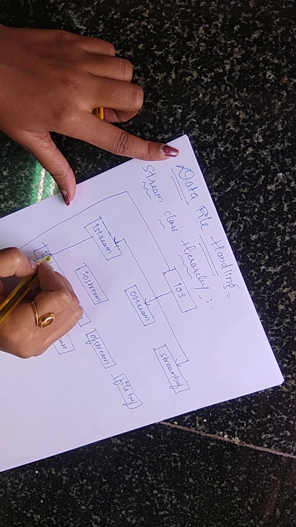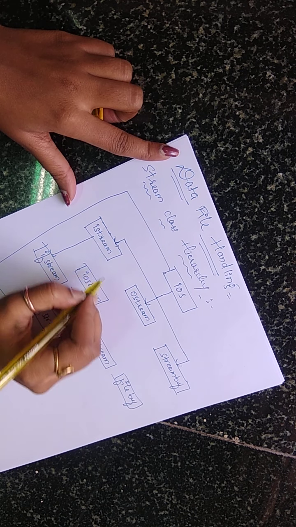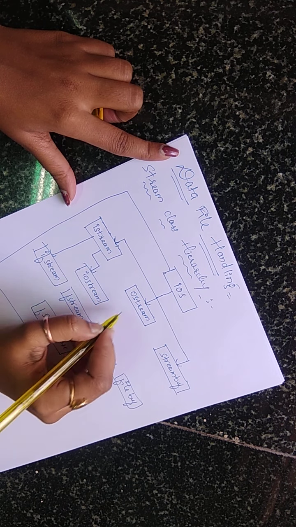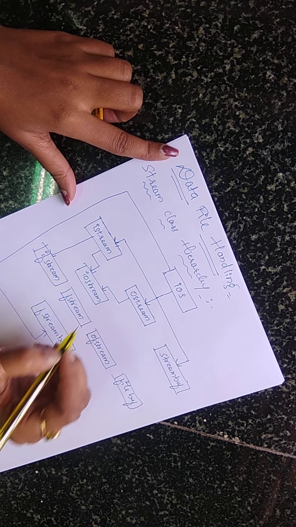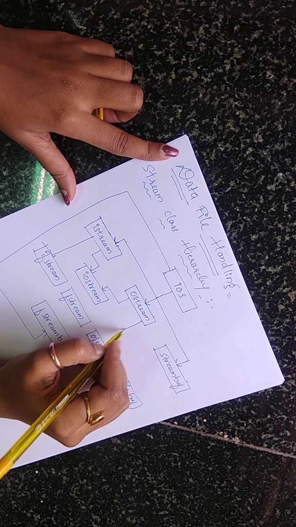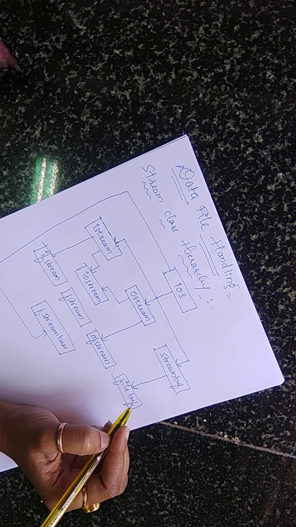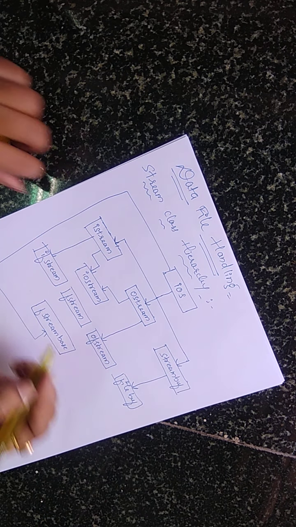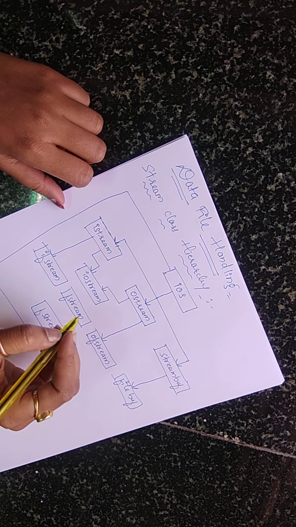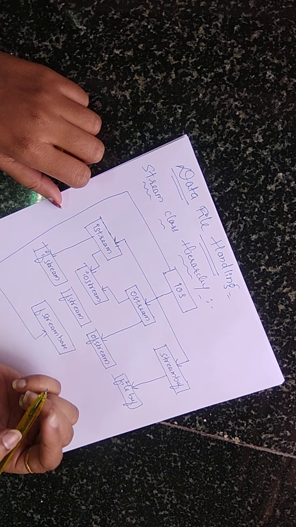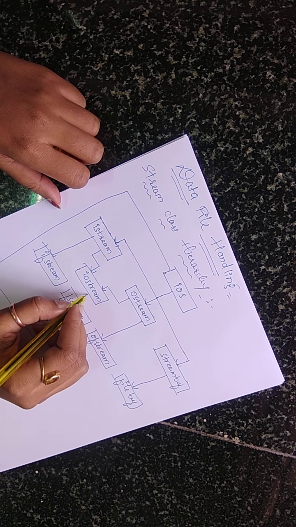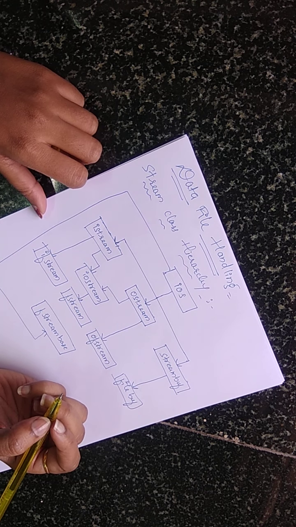From your istream, ifstream has been derived. From your istream and ostream, iostream is derived. And from your ostream, ofstream is there. From your streambuf, filebuf is also there. Done.